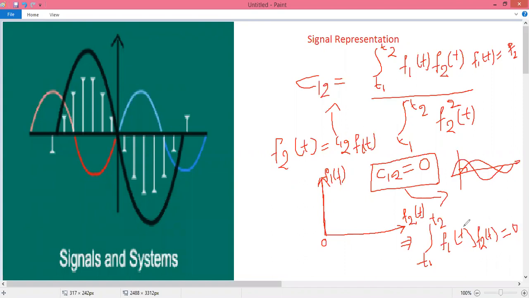Suppose they give one signal x1 of t and another signal x2 of t, and ask you to prove whether they are orthogonal or not. In such a case, we need to do the integration of x1 of t times x2 of t and equate it to 0. If it is 0, then we can say that those two signals are orthogonal.